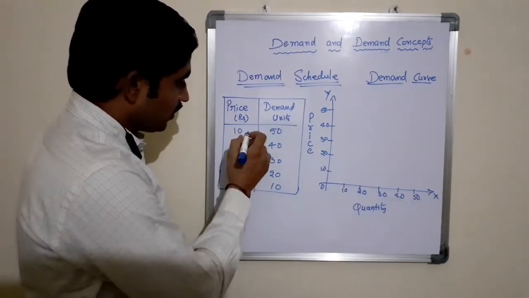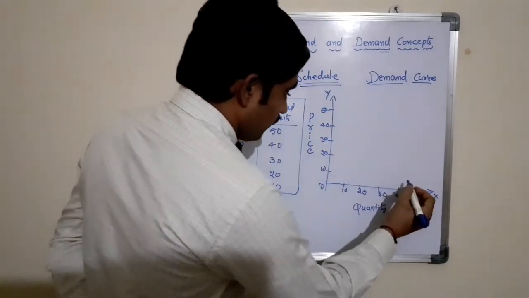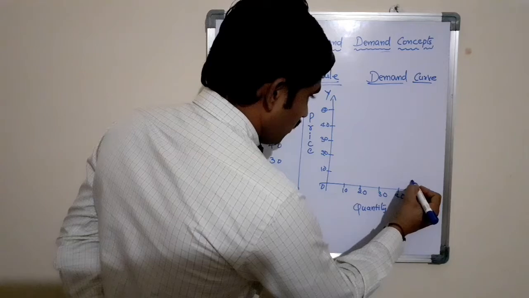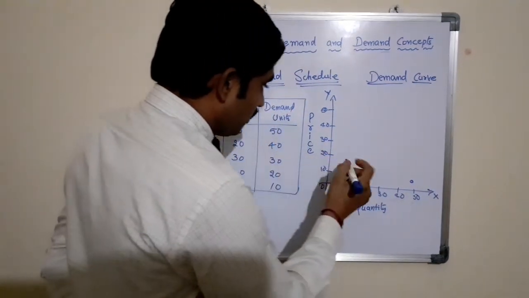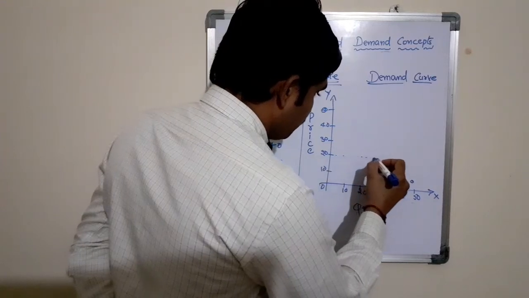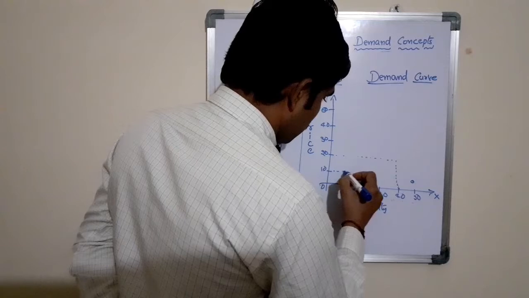The price of the product is 10 rupees, where the quantity demanded of the product is 50 units. When the price is increased to 20, the quantity demanded is decreased to 40.